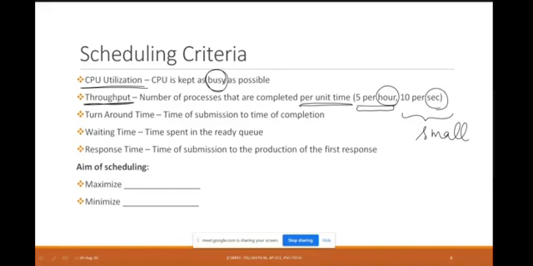The next one, turnaround time, TAT. Turnaround time is the time interval from the time of submission to the time of completion. I give you an assignment today and you complete it after 5 days; that will be your turnaround time.